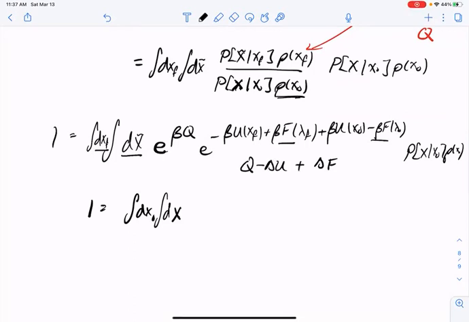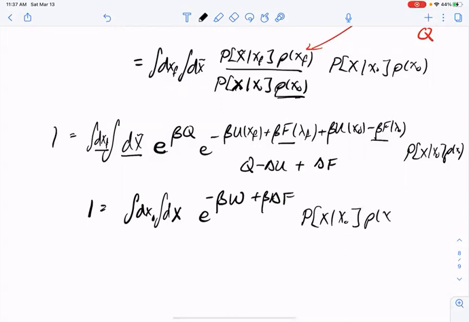Q minus delta u, well, that's what we mean by work. With minus, I have a plus beta delta u and an integral over the probability of seeing those trajectories.